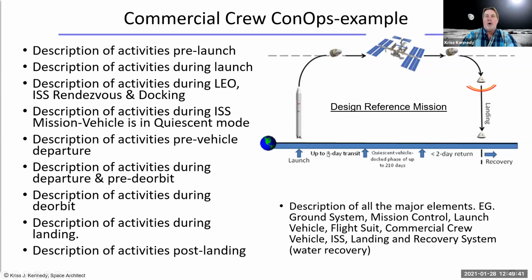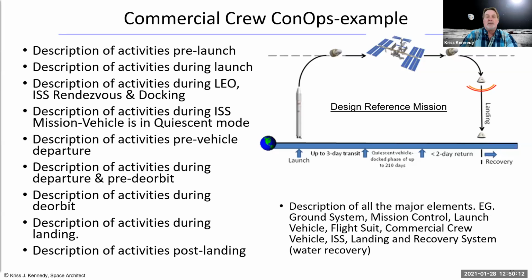So what would it include? What does it encompass? It encompasses a description of activities of the pre-launch, description of the activities during launch, description of activities during LEO, during the ISS rendezvous and docking, a description of the activities while you're on ISS or doing the mission, and what the vehicle is doing in quiescent mode if that is the case.